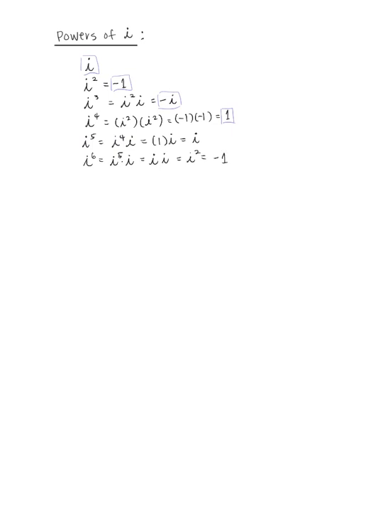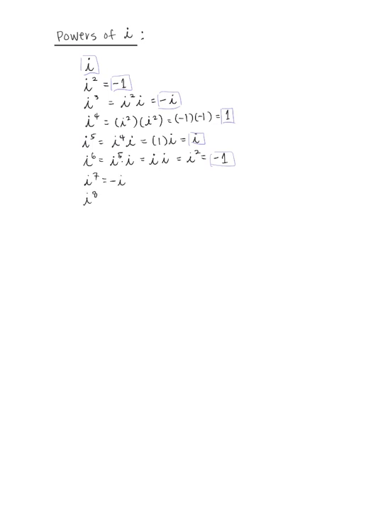Do you see anything here? All right, let's look at it from the top. We got i, -1, -i, 1. And the next term becomes i, -1. And what do you think i to the 7th is going to be? Yes, i to the 7th is going to be -i.